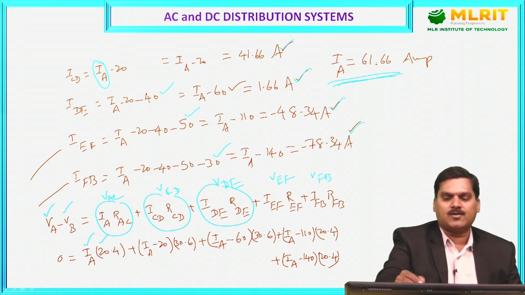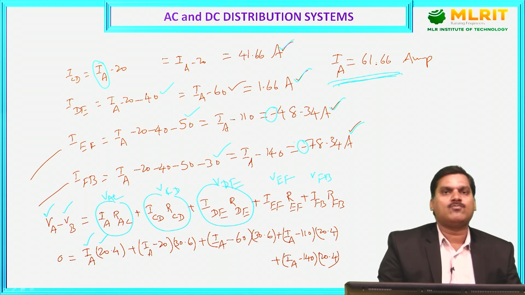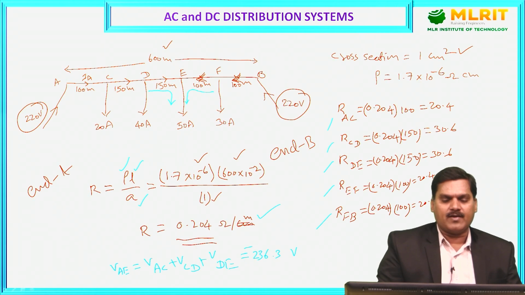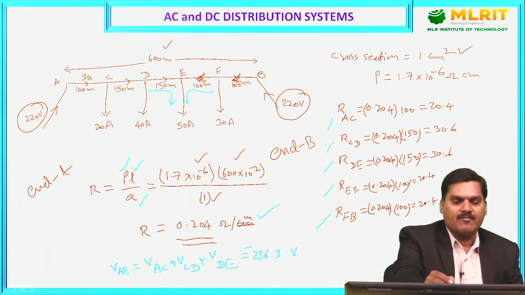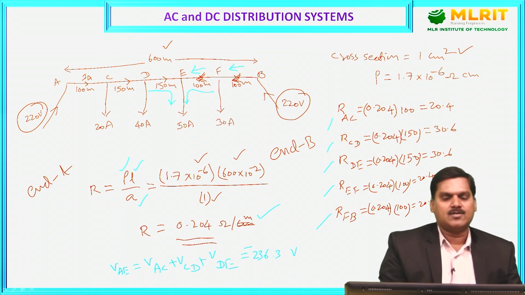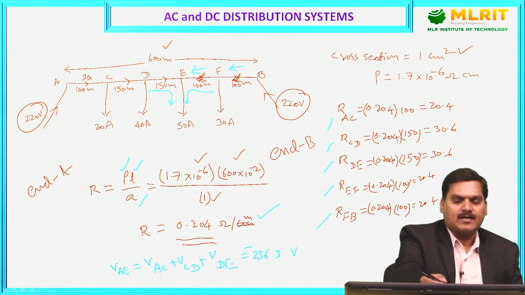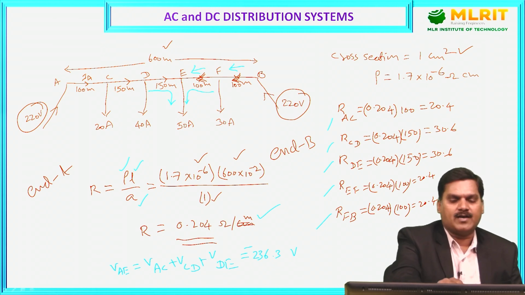Here we observe that in these two sections a negative value is given. With that we can say that IEF is actually flowing like this and this current is also flowing like this. So finally this end is feeding current like this and point A is feeding current like this.